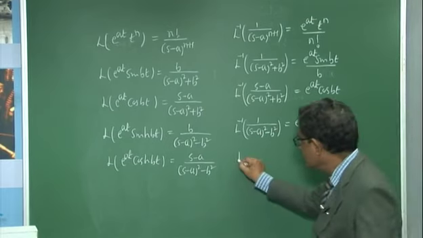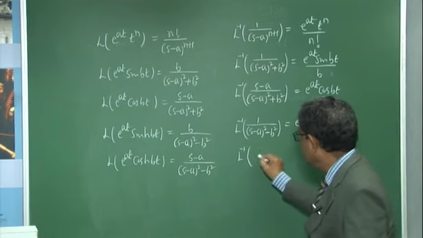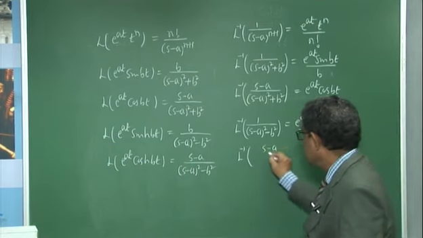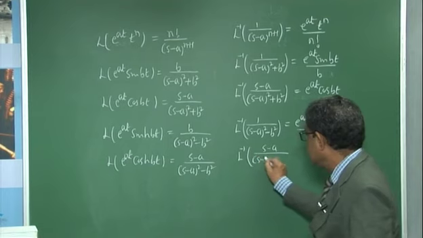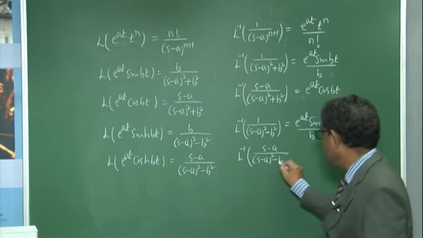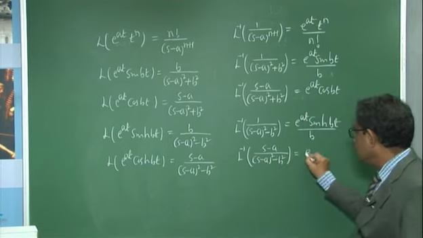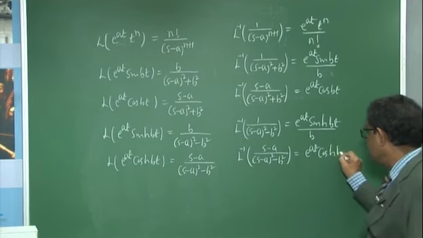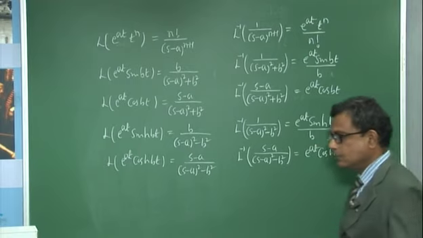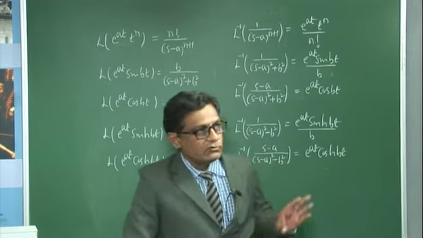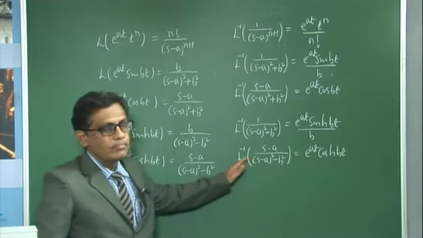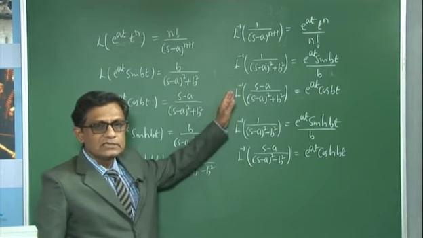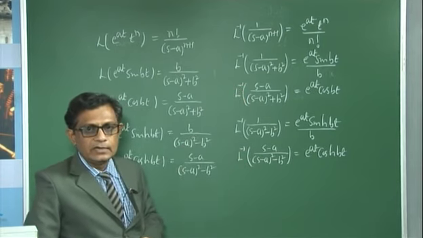And the last one, L inverse of (s minus a) divided by (s minus a) whole square minus b square. It is e raised to a t cos h b t. These are the 5 standard formulas by using the first shifting property.